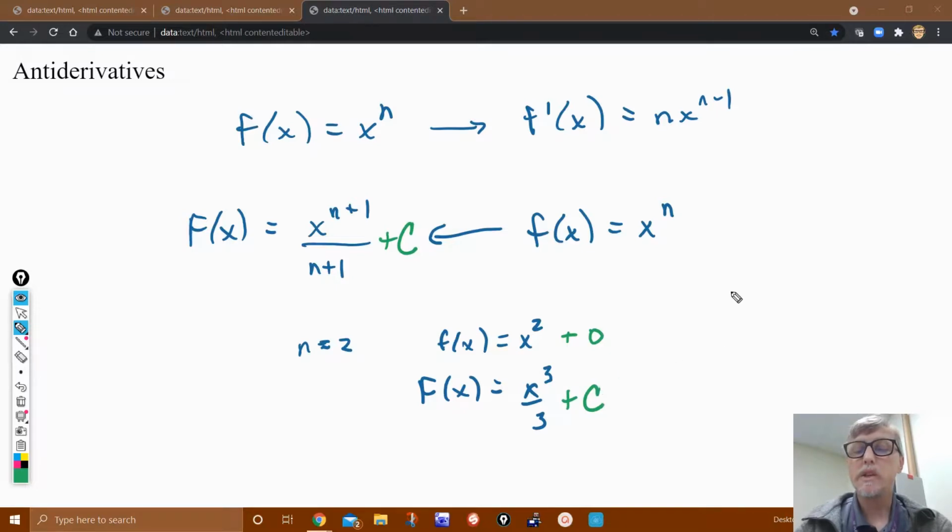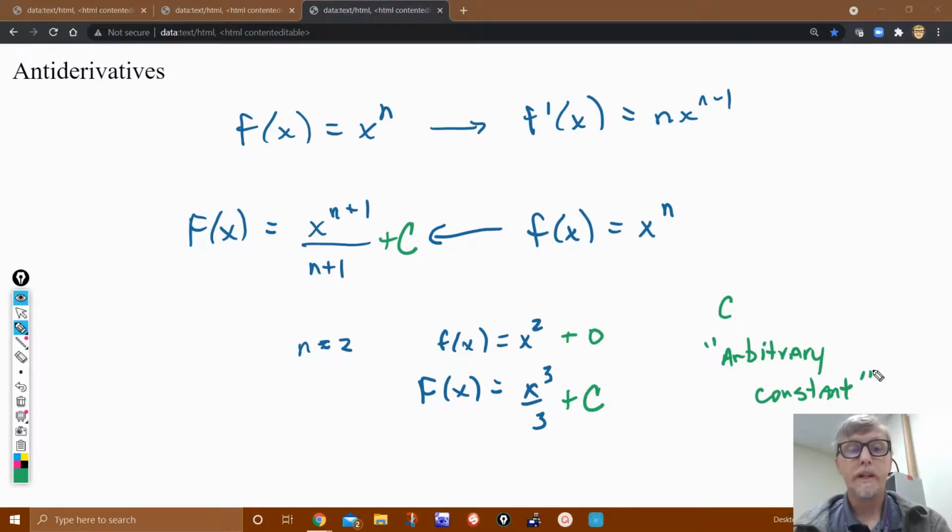So C stands for an arbitrary constant. And that's the reason why there are many antiderivatives for x squared. X cubed over 3 plus 100 would be an example.